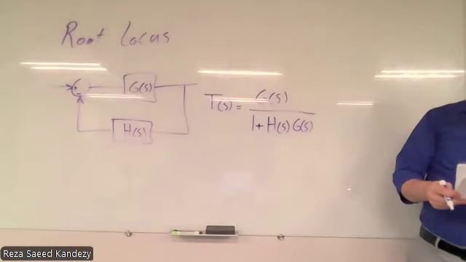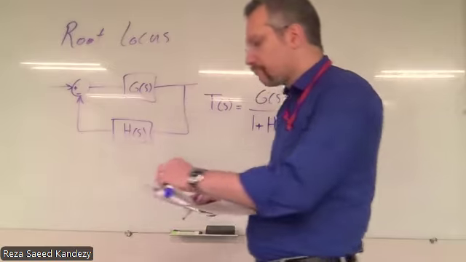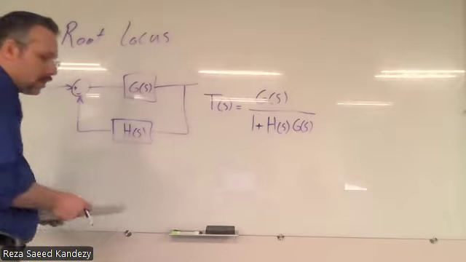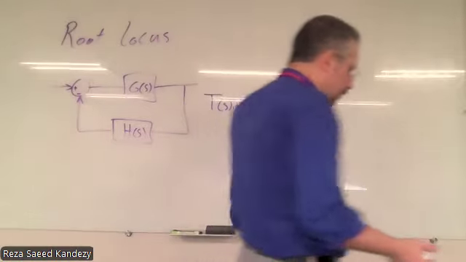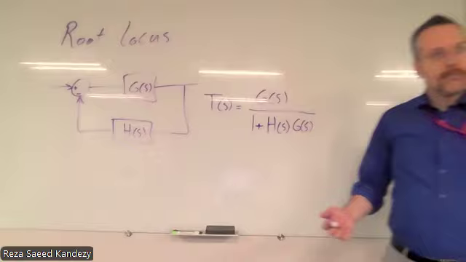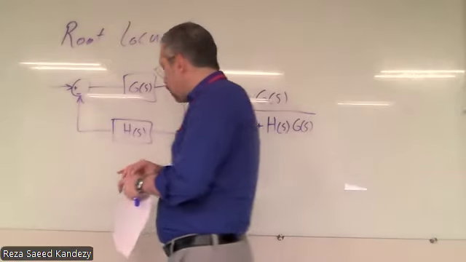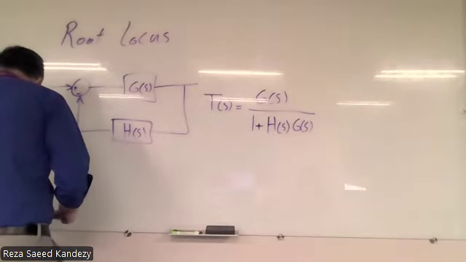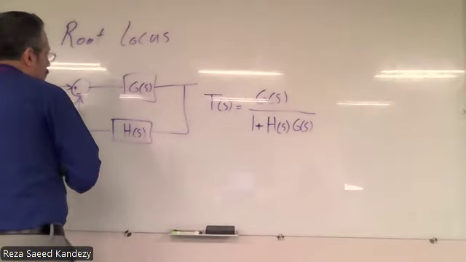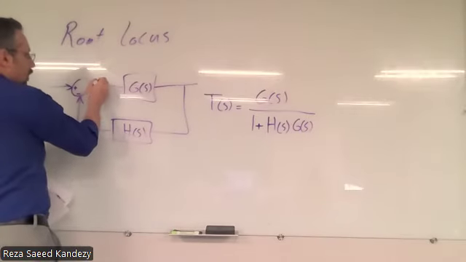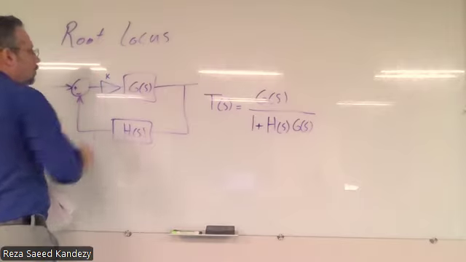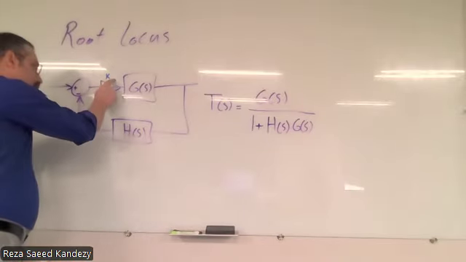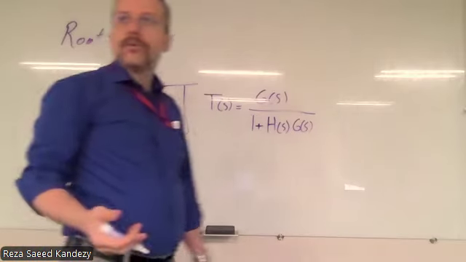Now, we said we wanted to introduce a dynamic situation. What does that mean? That means, for example, we can introduce a gain, let's say K. We consider the gain as a variable parameter.